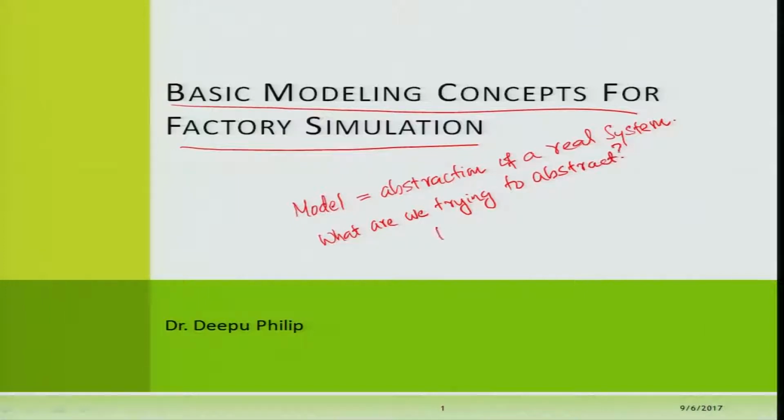For this course, we are trying to abstract a factory, or what we can call a production facility, and what are we trying to study of that? How to make it sustainable.